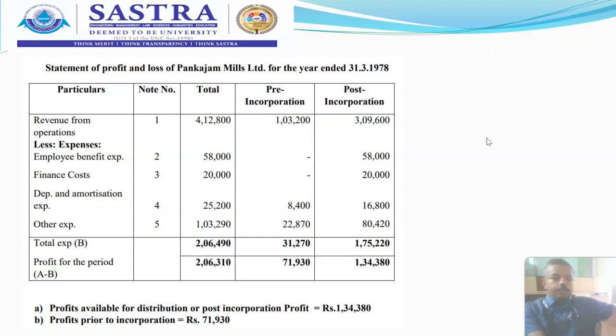So here what we need to do is use all the totals. Have columns: note number, total amount, pre-incorporation period and post-incorporation period. Here revenue from operation total amount is 4,12,800, which can be taken from the question itself. And the pre-incorporation and post-incorporation amounts can be taken from note 1: 1,03,200 and 3,09,600. Now subtract the expenses.